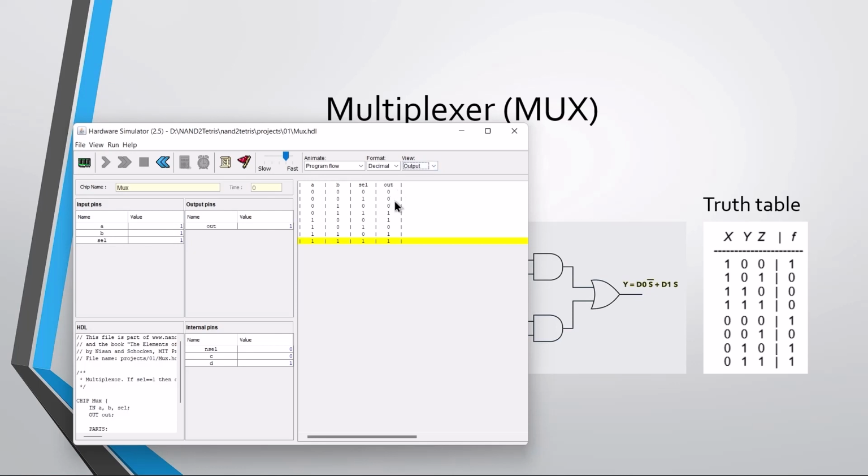We can see the output here, 0001, 0001, 1011.